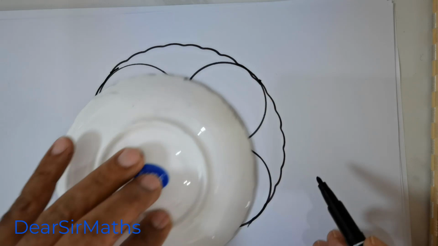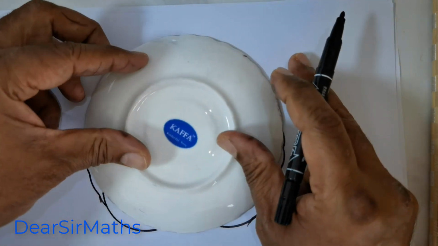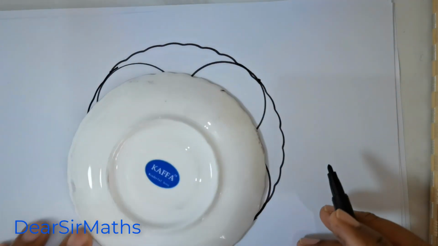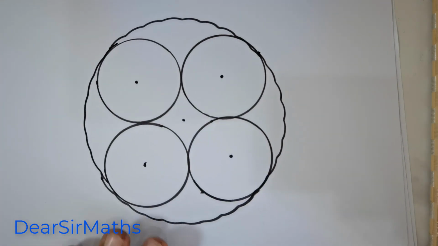Let's see. Okay, and then we got one more major thing. Okay, so this is a circle, right? Because of the lack of equipment, we need to adjust with whatever apparatus we've got. So successfully the circle is drawn.